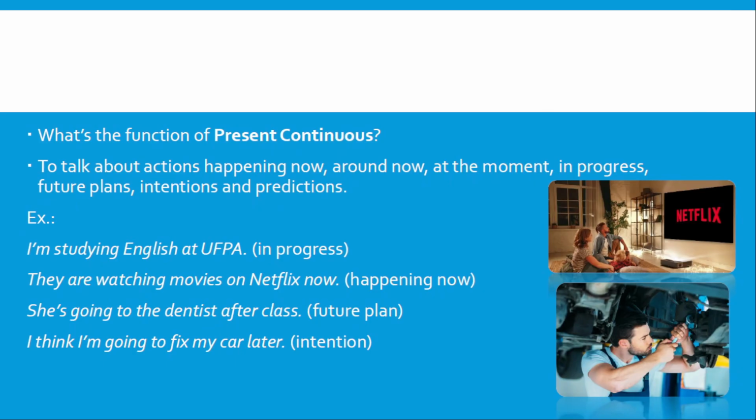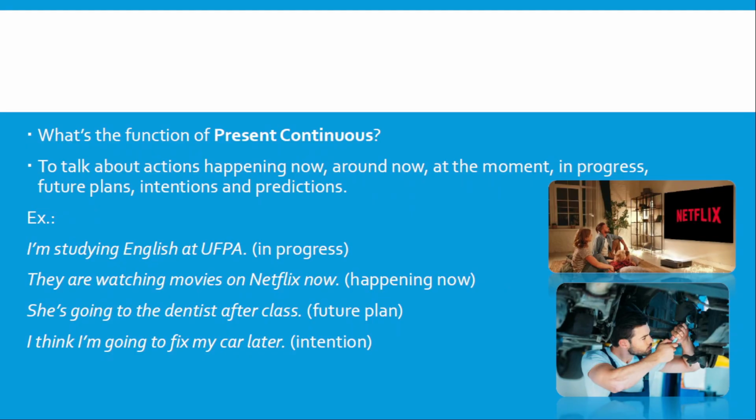What's the function of present continuous? It is to talk about actions happening now, around now, at the moment, in progress now. We talk about future plans too in English, and we use this tense for intentions and predictions too.